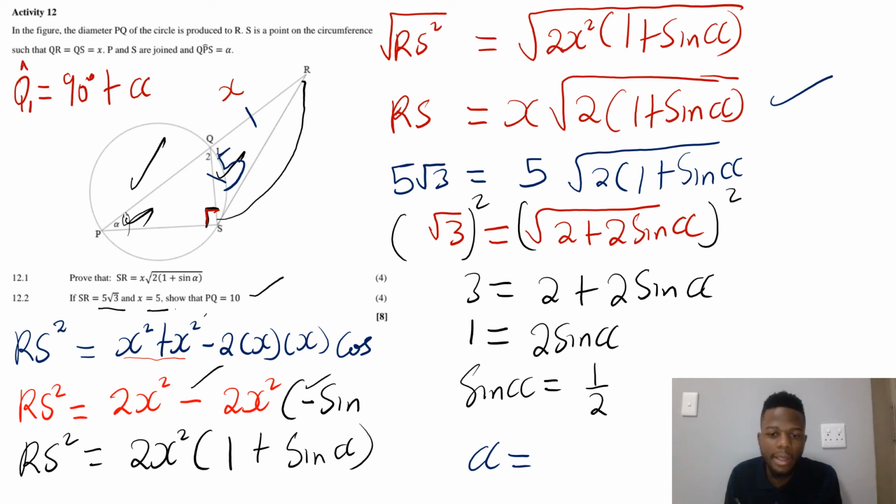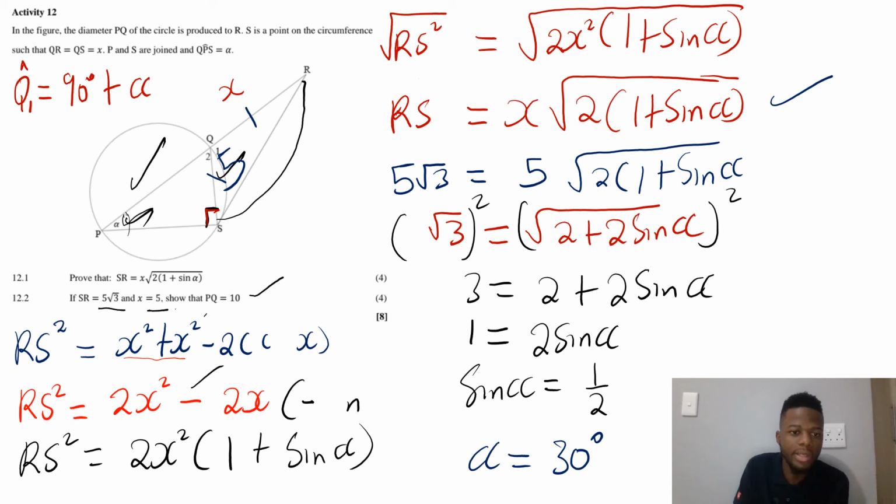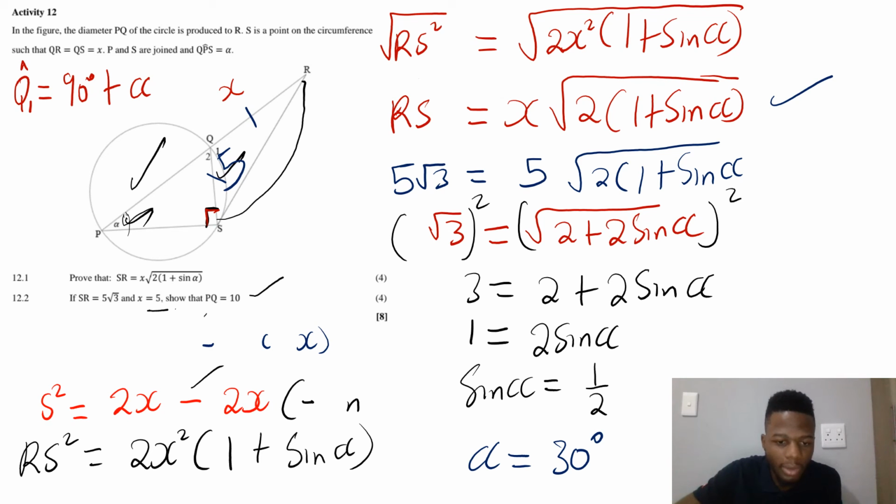You can simply write the second function of sine, then put 1 over 2, or you can say shift sine, then insert 1 over 2. We're going to get 30 degrees. So we have alpha, and now it means we already have PQ. If we have angle alpha, then we're done.